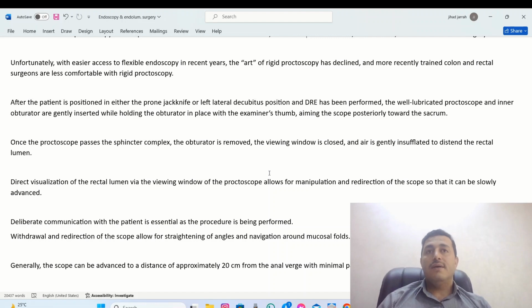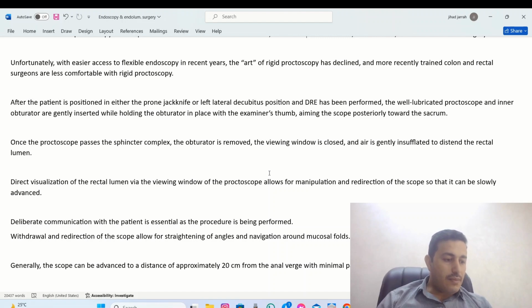Also, as we enter the rectum, stool may be present, so suction can help us to evacuate and remove it. After suctioning and cleaning the area, we can use air inflation to distend the rectum a little bit, and this may cause discomfort for the patient, as distension of the rectum is one of the discomforts for the patient.